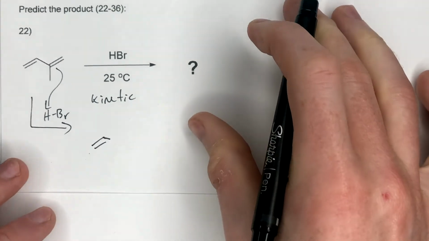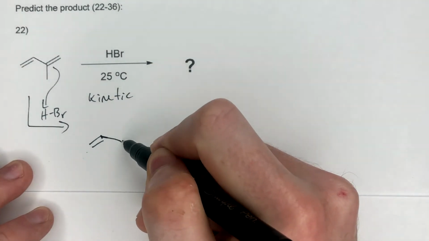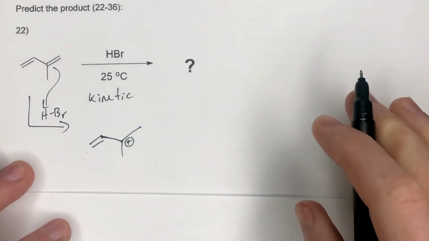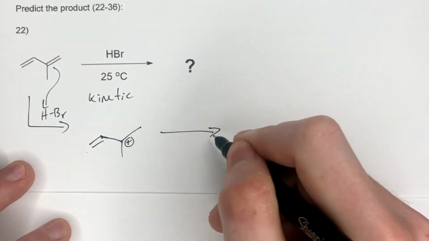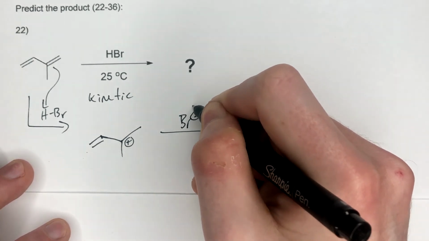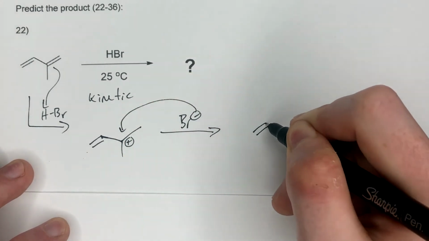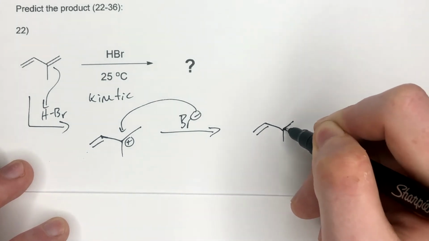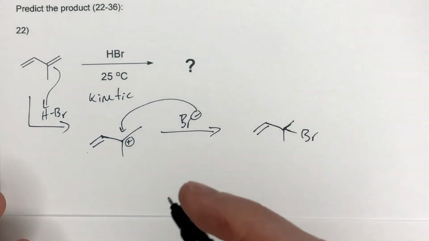So you're going to get this carbocation as one option. The bromine will then add at that spot under kinetic control. And this will give you one of the products. Then what about the other pi bond?